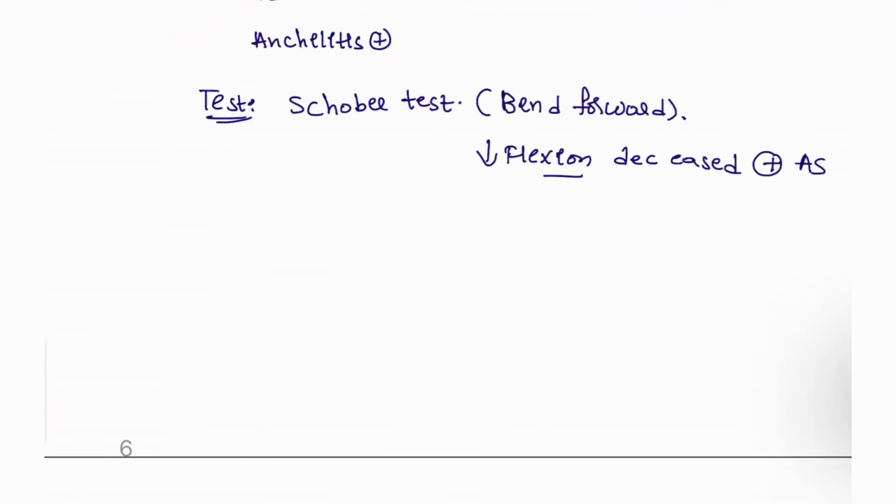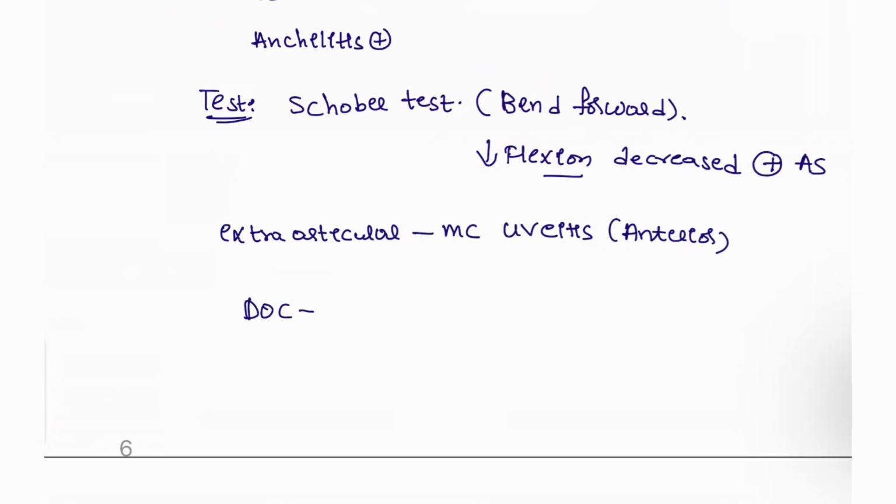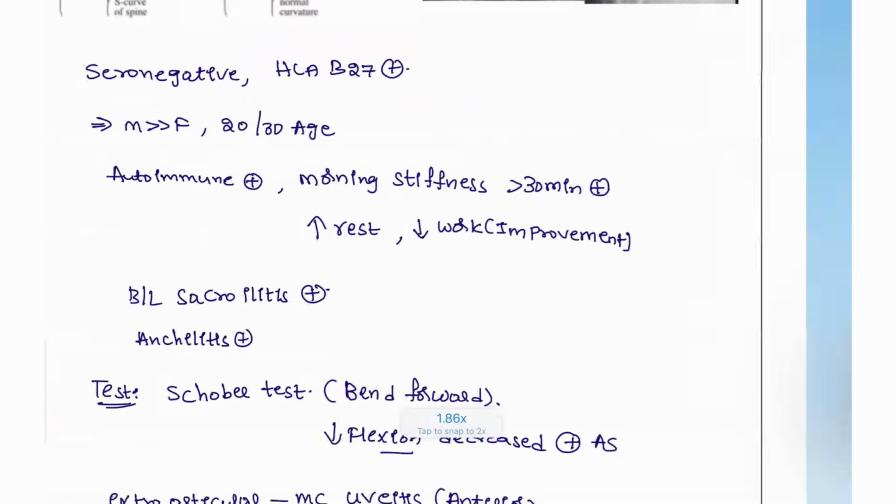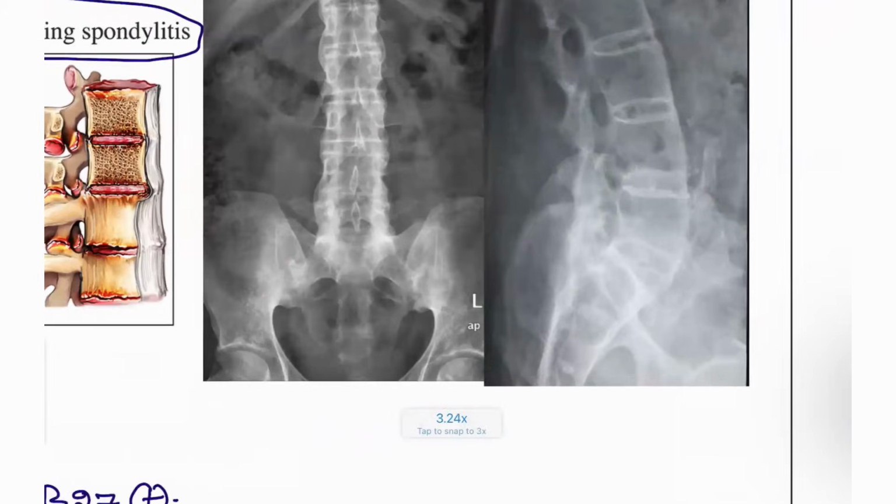Okay, and it can also involve extra-articular sites. In the extra-articular involvement, the most common will be uveitis. Anterior uveitis will be involved in this patient. The drug of choice for this patient is NSAIDs, is the treatment of choice. On the X-ray, you are going to see this classical sign.